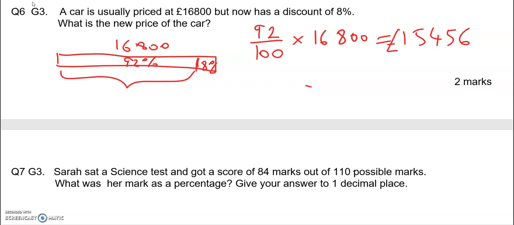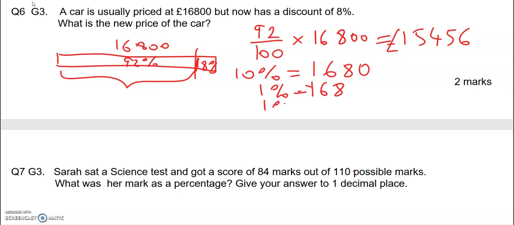And if you didn't have access to a calculator, you could have worked out 10% of the amount. So 10% of 16,800 is equal to 1,680. Then take away the 2%. So 1% of this is 168 and another 1% is 168.